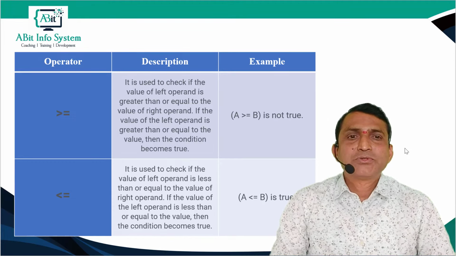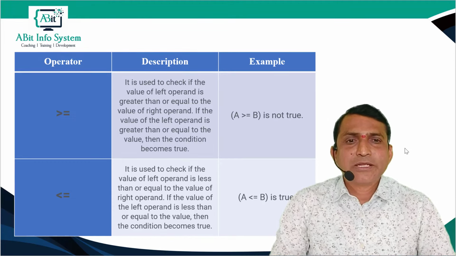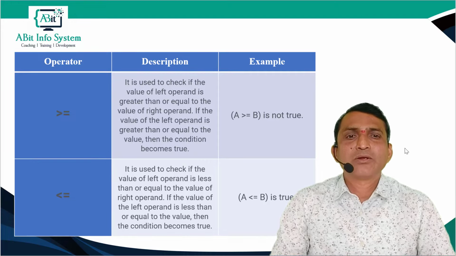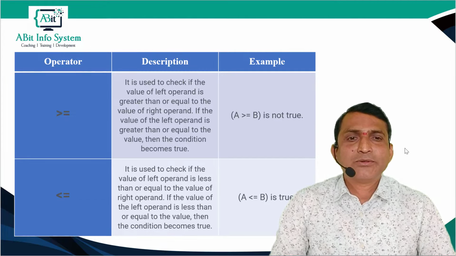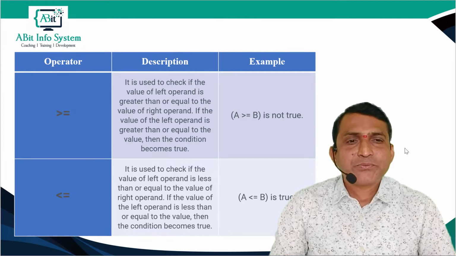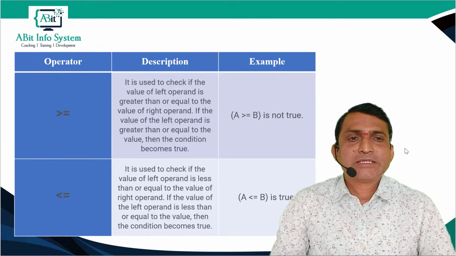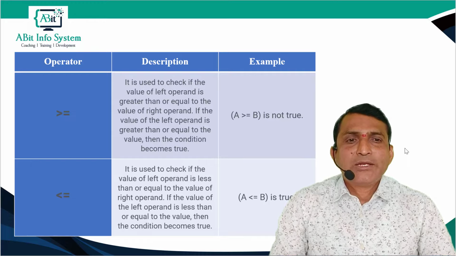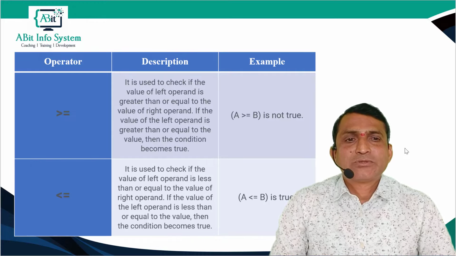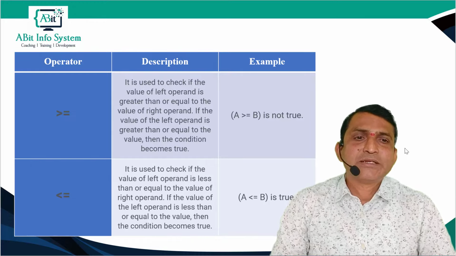It is used to check if the value of the left operand is less than or equal to the value of the right operand. If the value of the left operand is less than or equal to the value, then the condition becomes true. Example, A less than equals to B is true. Operand A has the value less than or equal to B. So it will return 1.